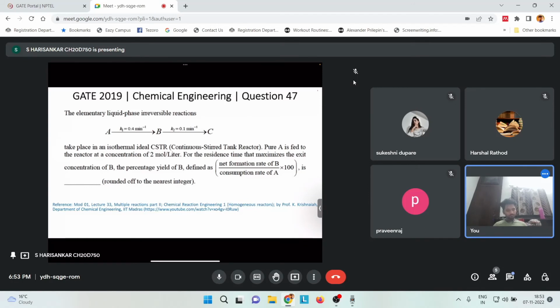So here we have been given an elementary series reaction, A giving B giving C, and it happens in a CSTR. So now let us see how we can represent this.